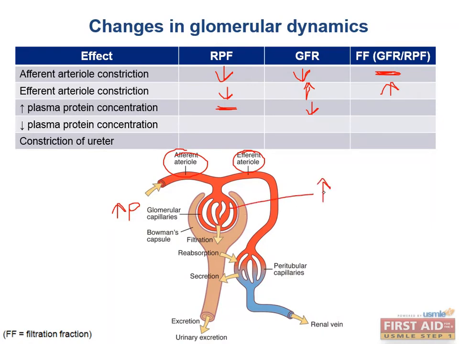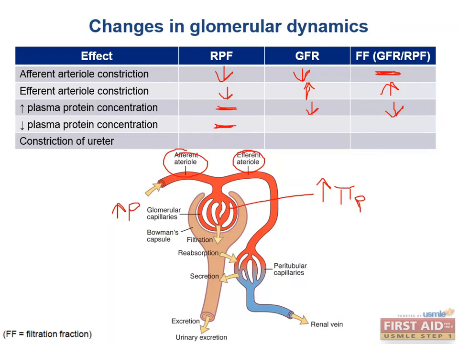The reason is because it's going to increase the oncotic pressure inside the glomerular capillaries. And this is going to decrease the driving force of the plasma to be pushed into Bowman's capsule. And so therefore we'll have a decrease in filtration fraction.